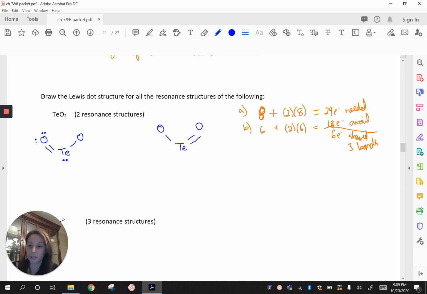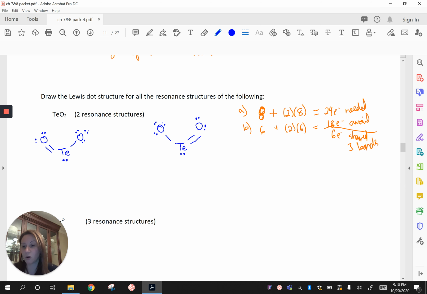And the other oxygen that's singly bonded, it has 2 electrons right now, so it needs 3 lone pairs. I'm going to do the same thing on the other side. So this oxygen needs 3 lone pairs. This tellurium needs 1 lone pair, and this oxygen needs 2 lone pairs.